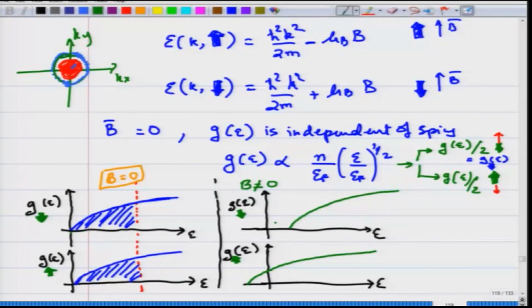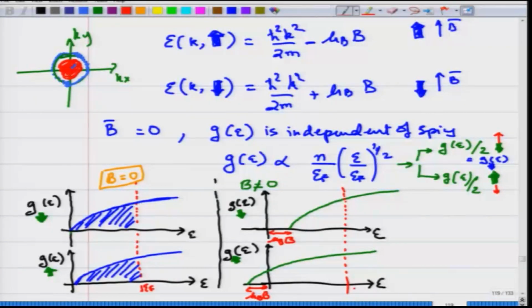This distance is mu B into B, and this distance is mu B into B, but now it is shifted with respect to 0, it has lower energy. So, for zero energy, the one where the magnetic moment is parallel to B is starting from minus mu B, and this one is starting from plus mu B. The Fermi energy is still here, it is unchanged.